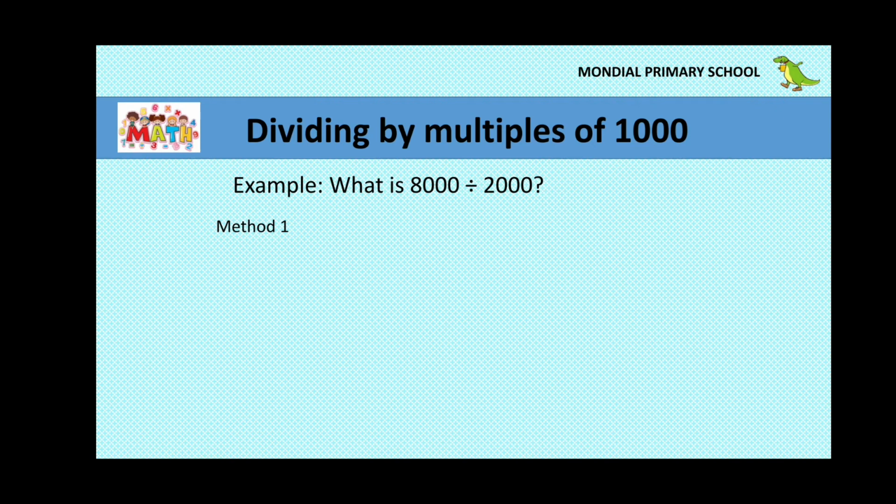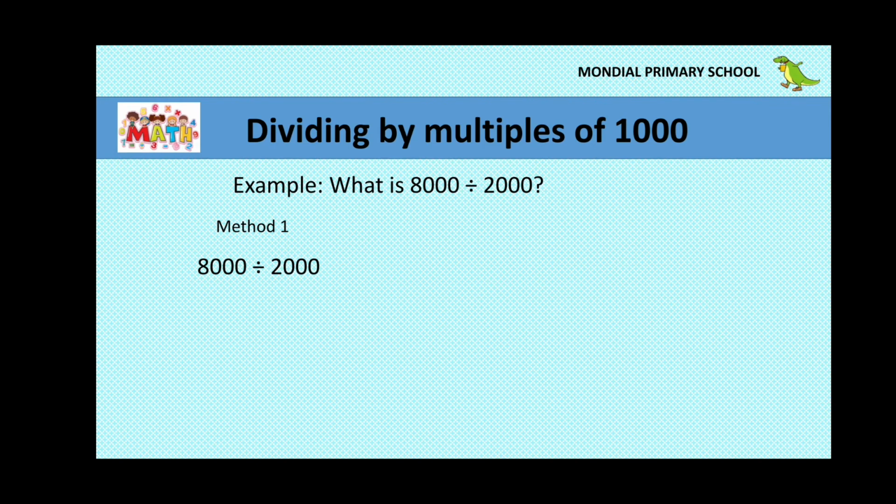The first method, 2,000 has 3 zeros, so it must be a multiple of 1,000. 2,000 is equal to 2 times 1,000 or 1,000 times 2.